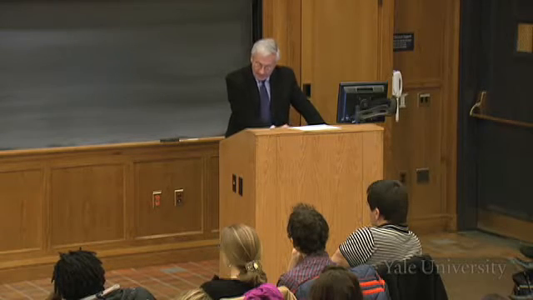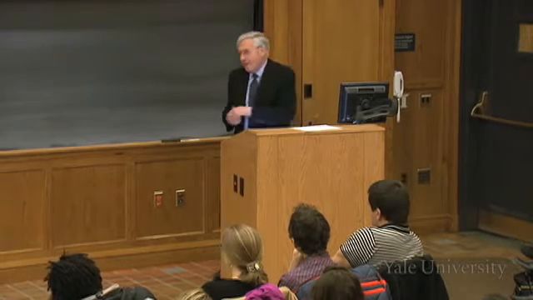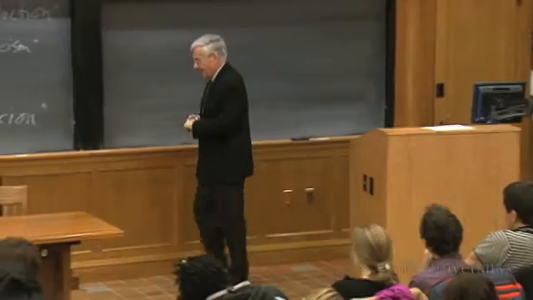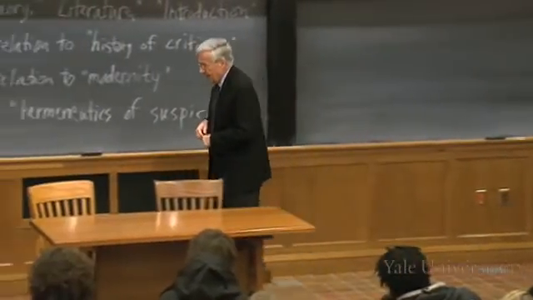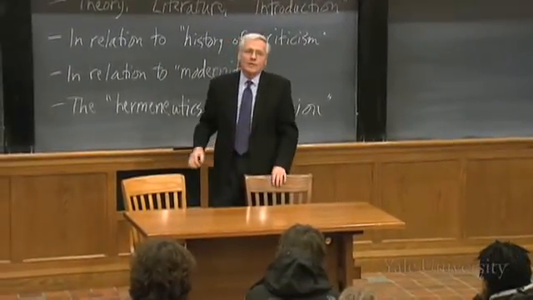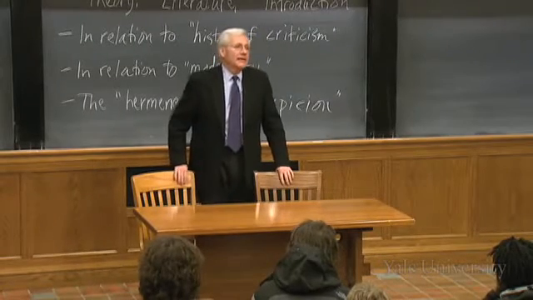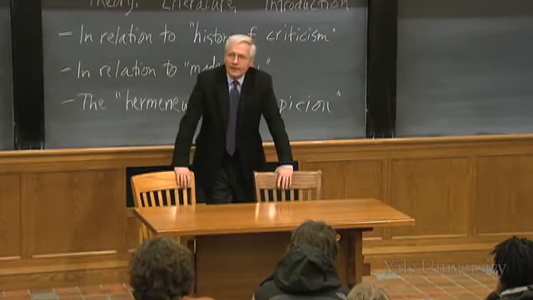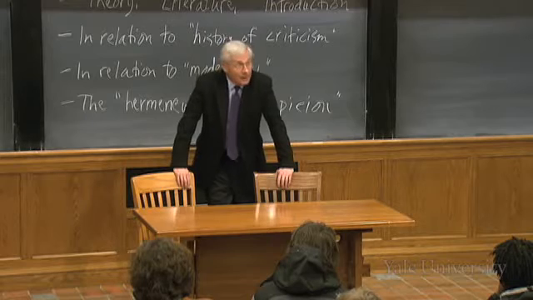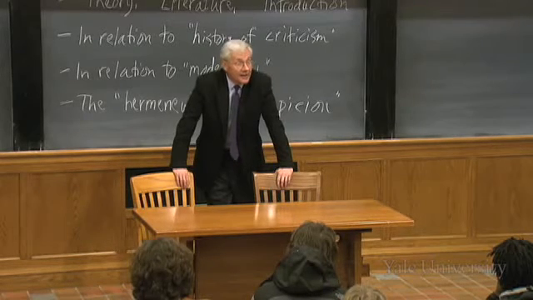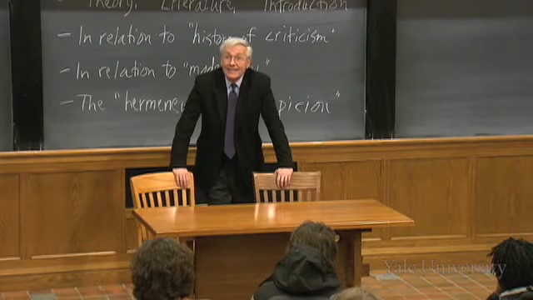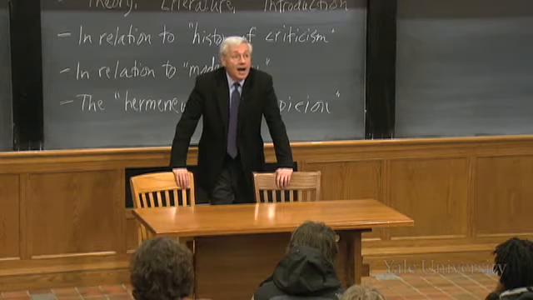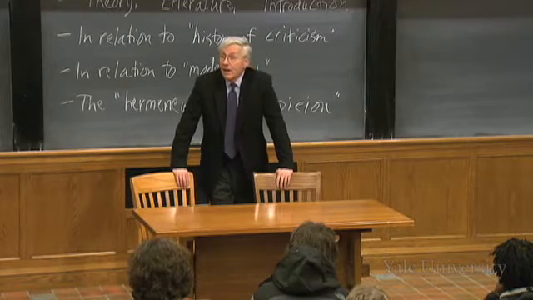Now, I think one thing Ricoeur leaves out, and something that we can anticipate as becoming more and more important for literary theory and other kinds of theory in the 20th century, is Darwin. That is to say, it strikes me that Darwin could very easily be considered a fourth hermeneut of suspicion.